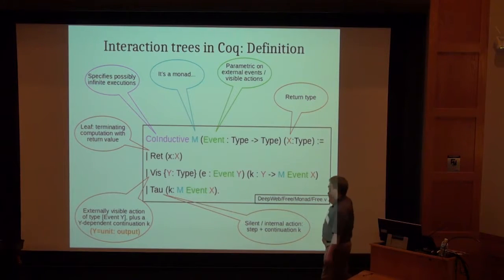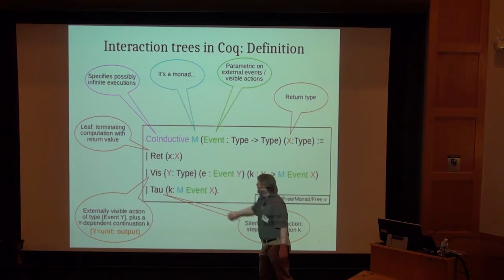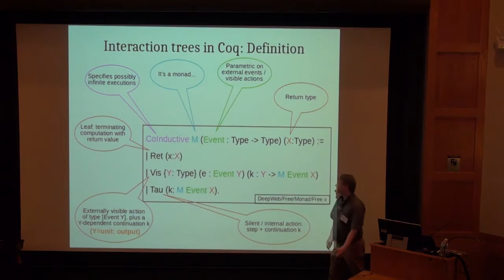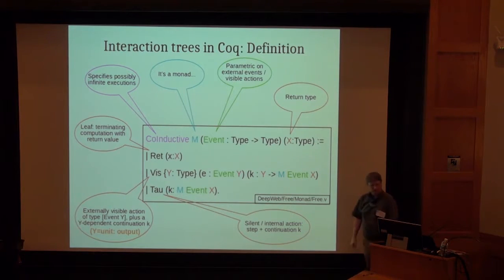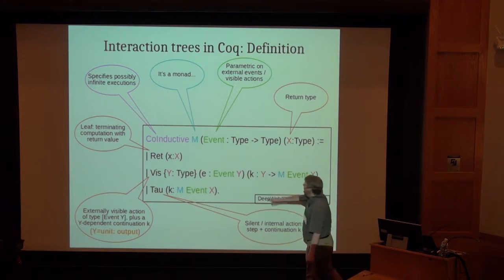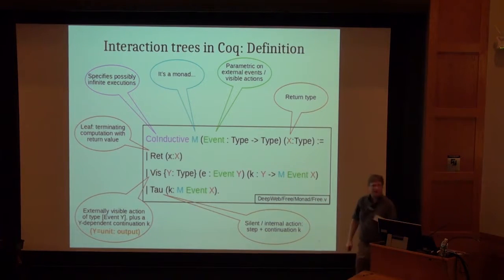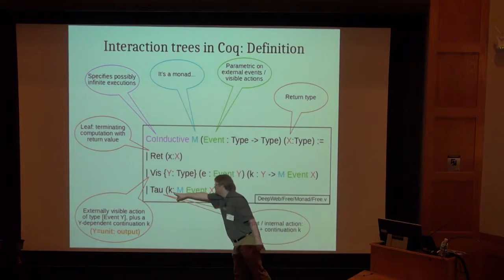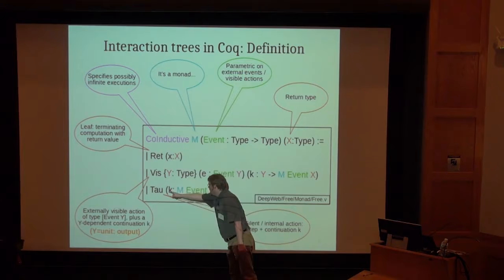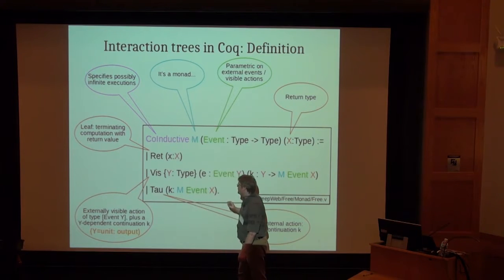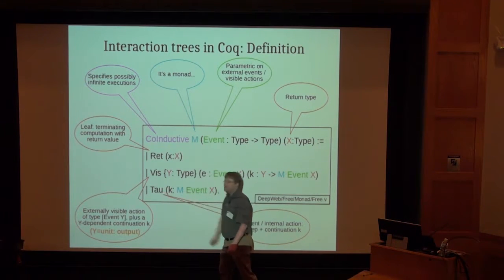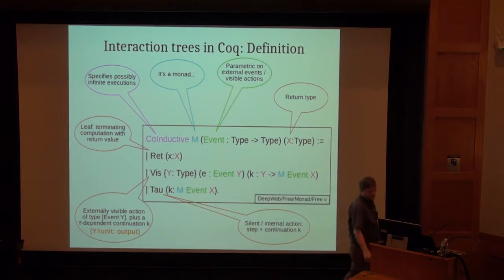We will typically select the type y to be unit when we don't expect a return value, particularly for output, and for useful input, y will typically not be the unit type. And then we have the tau constructor that is just another continuation wrapped in this explicit constructor.